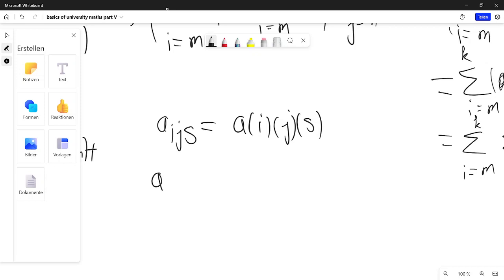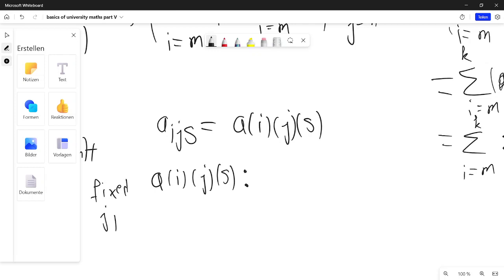If you don't understand that, it's no big problem. You will understand it eventually. Where a_{ijs} is just a function for fixed j, s.